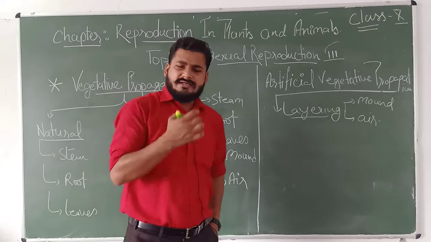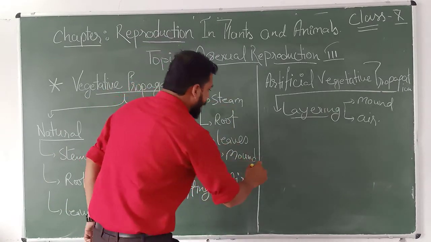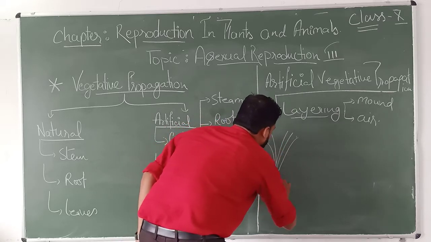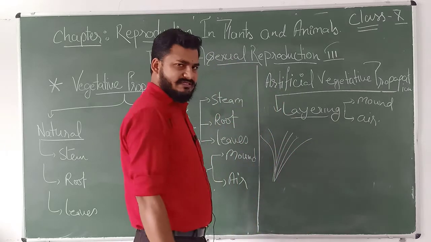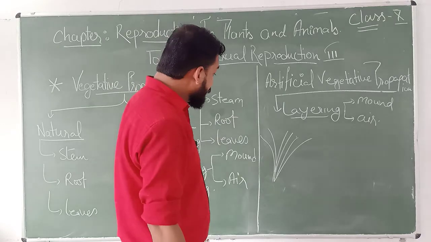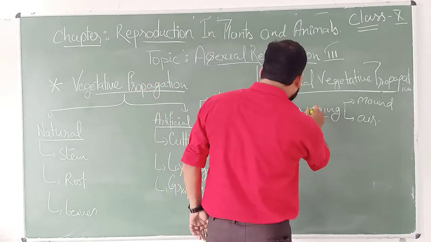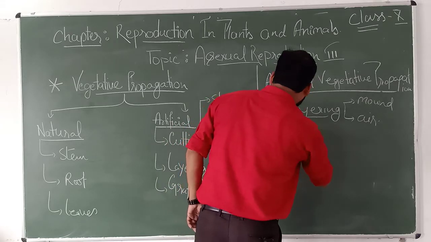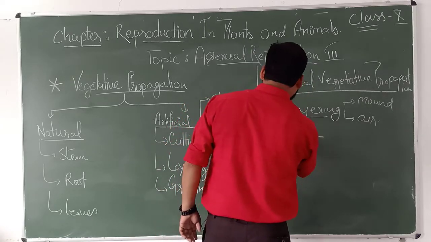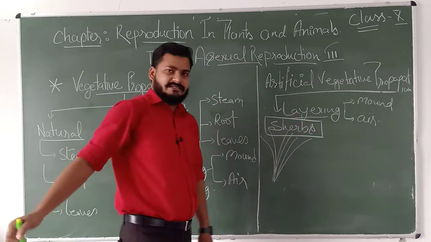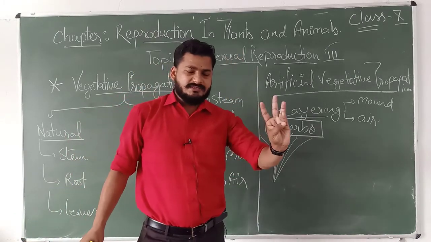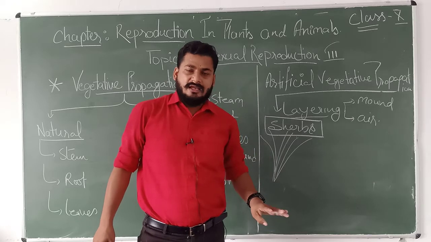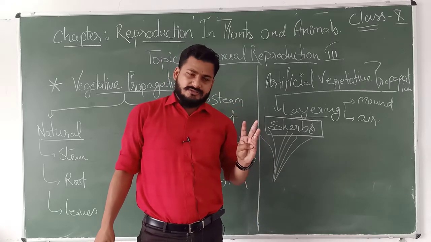See, in some plants, suppose this is a plant with longer stem-like stems, generally this technique is used in shrubs. We all know there are three types of plants broadly categorized. First is herbs, then shrubs, then trees. Herbs are very small in size and generally of medicinal use.